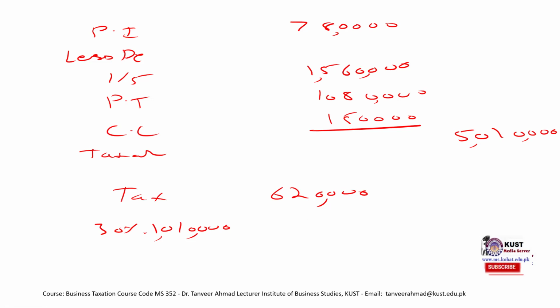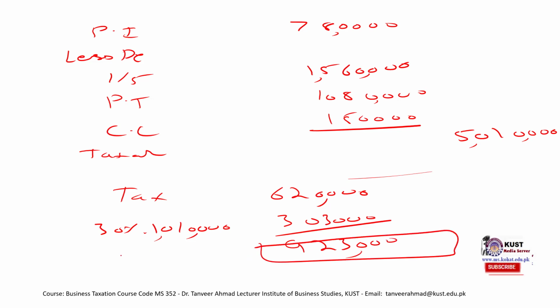And 30% of 10,10,000 rupees would be equal to 3 lakh 3,000 rupees, and if we add them up we get 9,23,000 rupees. This would become the tax under the second option.